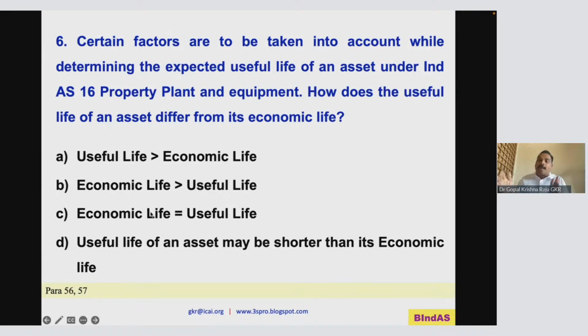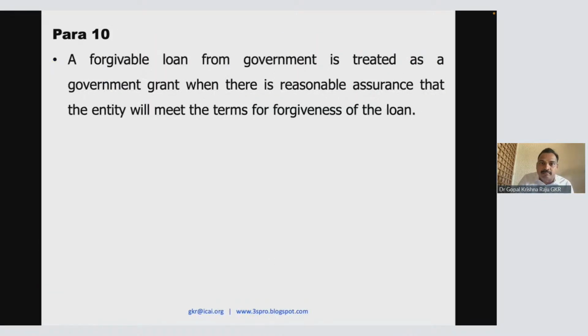Now, if I'm not going to use it for 10 years, I'm only going to use it for 4 years, then economic life is greater than useful life. B is correct. So that is why B and C both are correct. That is why useful life may be shorter than economic life. May not means what? Equal to, if maybe I'm going to use it for the full life. So this is where the judgment comes in.